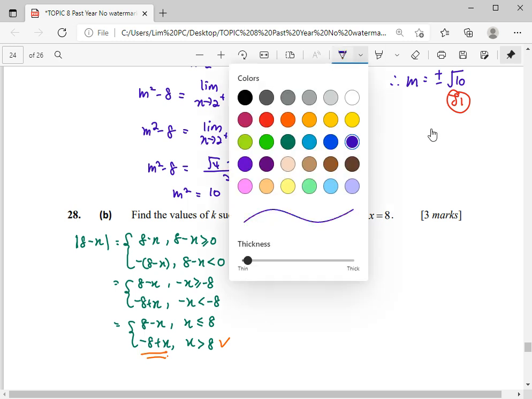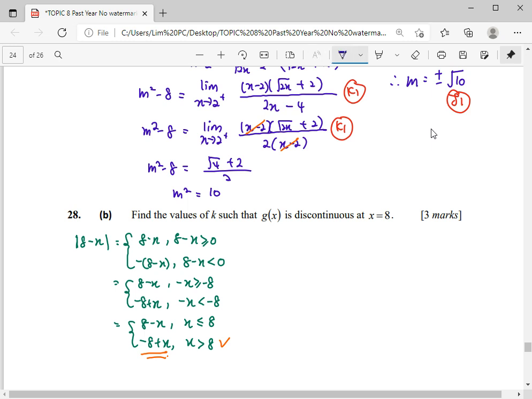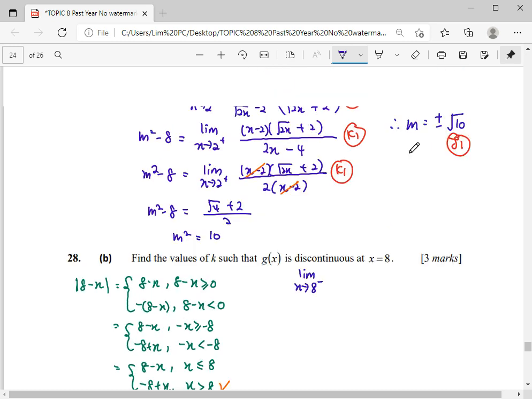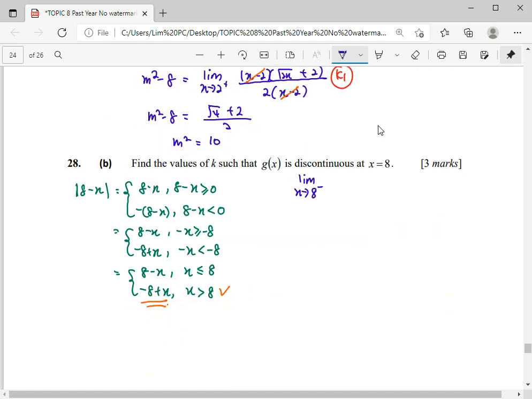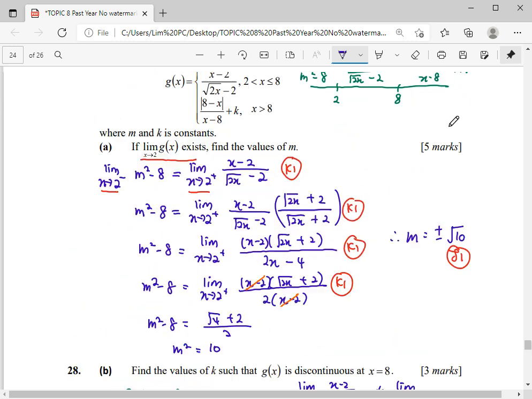When they say it is discontinuous, I will make sure the limit when x approaches 8 from the left hand side, which is this function, cannot equal the limit when x approaches 8 from the right hand side, which will be this function.